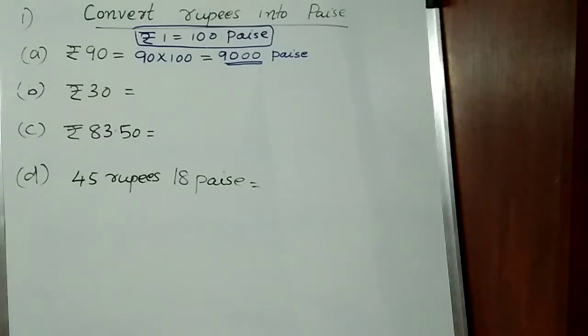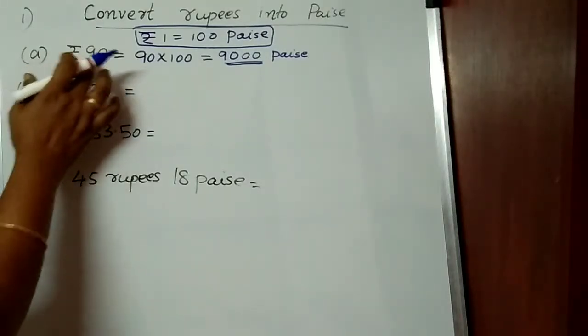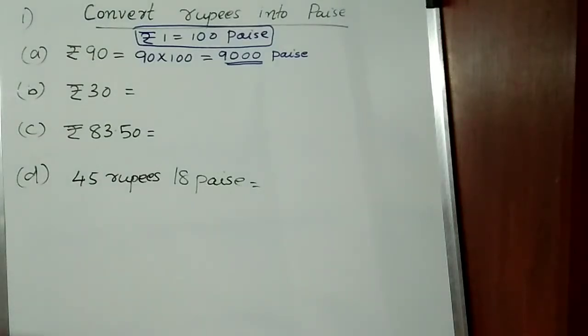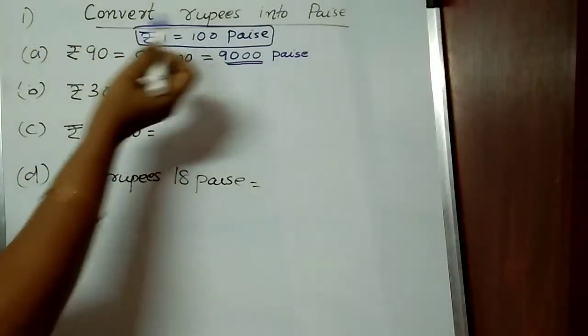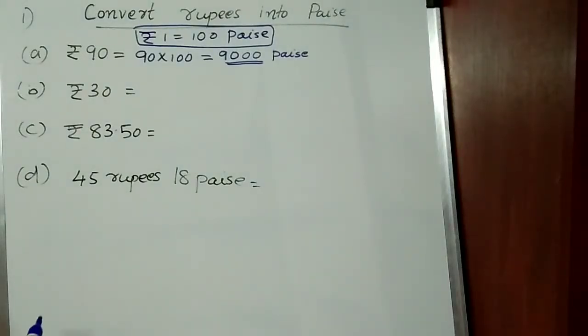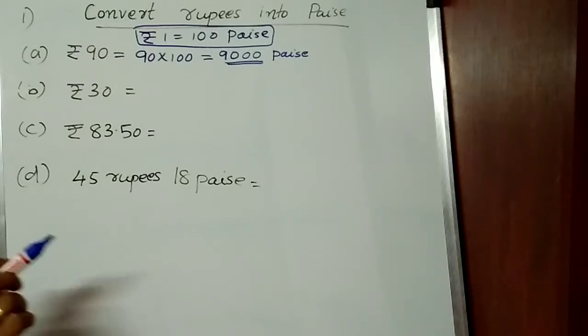Yes, 90 rupees is equal to 9000 paise. We know that 1 rupee is equal to 100 paise. So, 4 rupee means what? 400 paise. The same way.